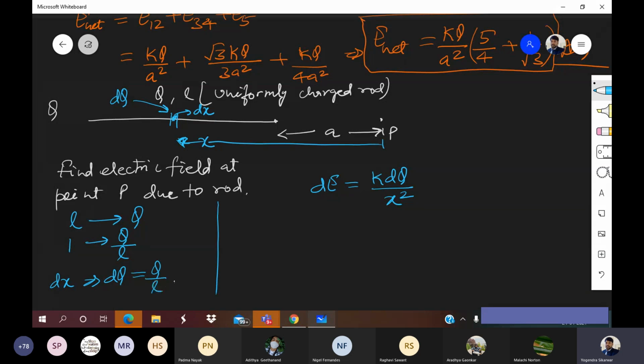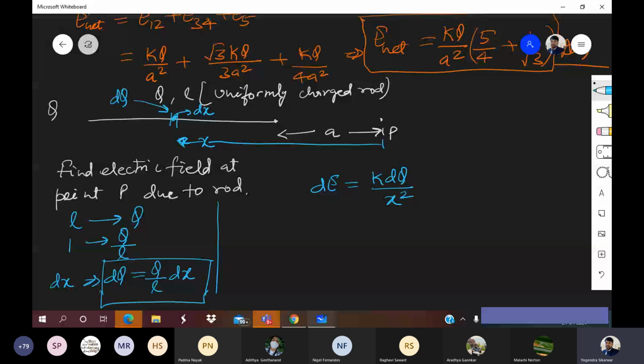So let us put the value. So dE comes out to be k into Q by L dx upon x square. Now this is the electric field due to one small element. On that rod we can have so many similar elements.